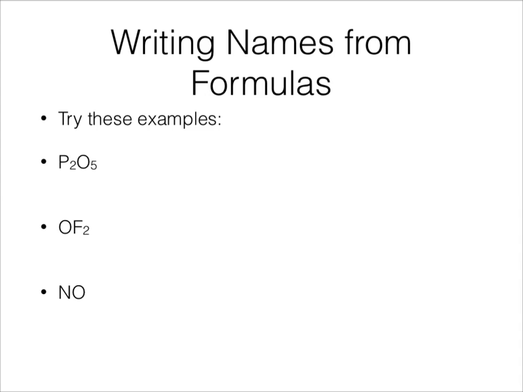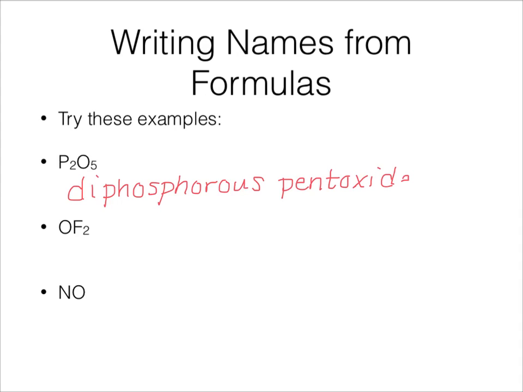In this case, I'm going to call this diphosphorus pentoxide. Now you may be saying that I said that the prefix was penta, but usually when we have an A and an O together in a name, we drop the A and leave oxide because that's what we recognize as oxygen.